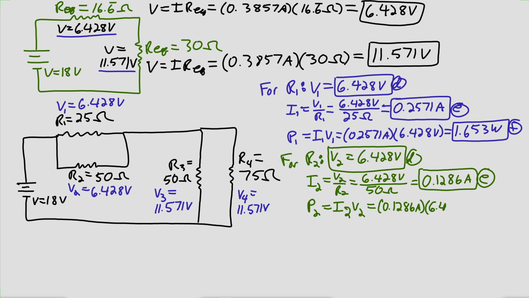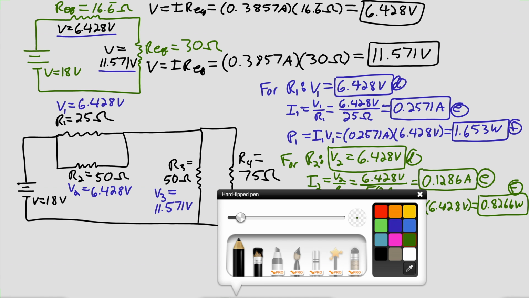V2, 6.428 volts. So the power across this one ends up being 0.8266 watts, which is one of my answers for F. And we just keep going on like this for the other ones too.